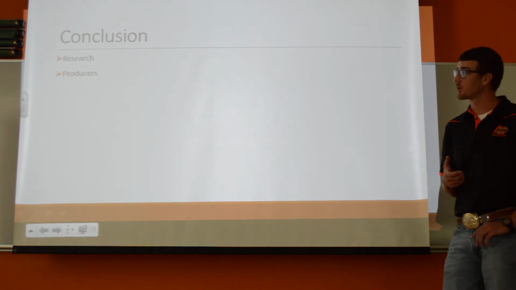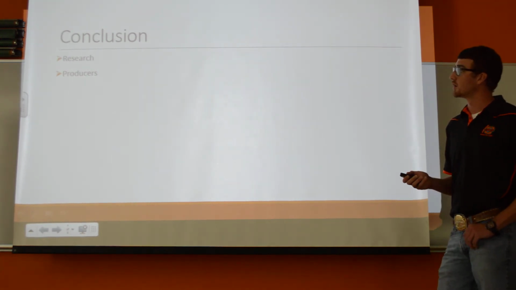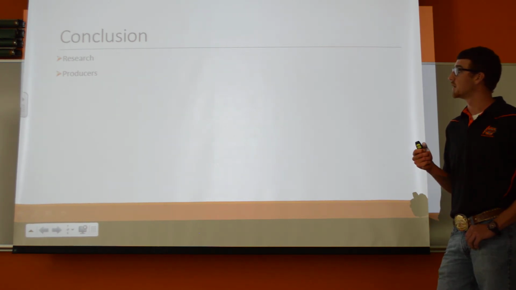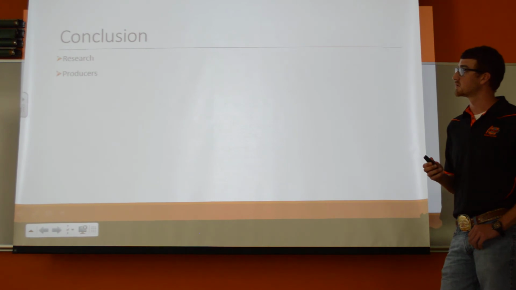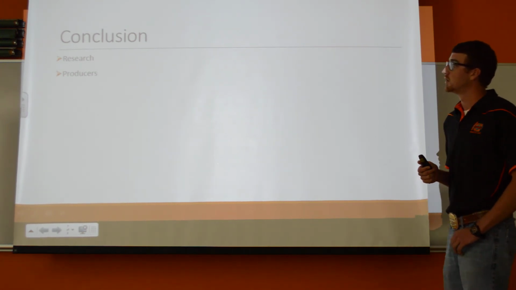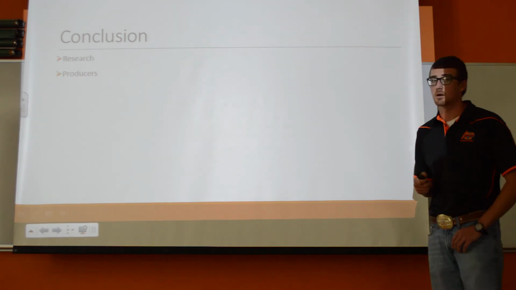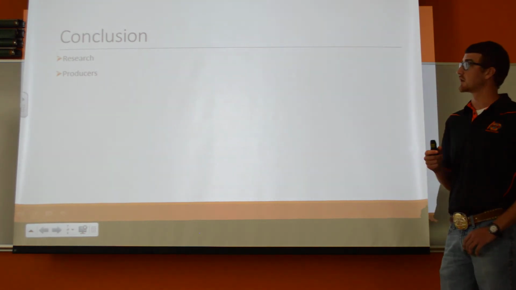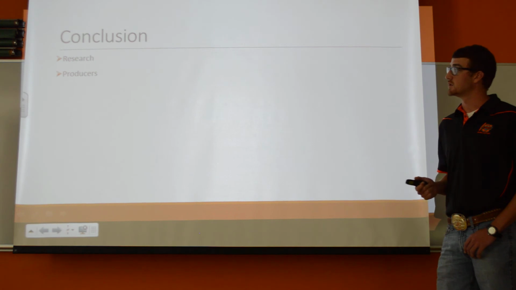Conclusions: there's a lot of research going on. The Beta Star, the SNAP, and the twin sensor test were successful in detecting antibiotic residues across species in cows, sheep, and goats.